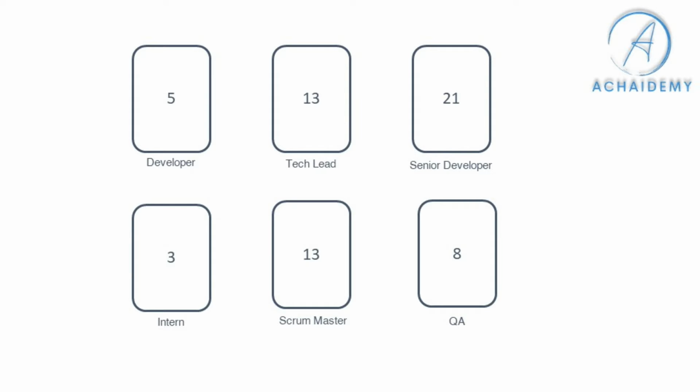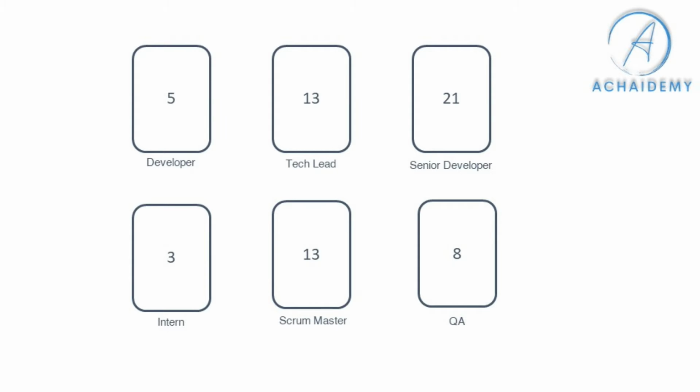When something like this is displayed, the extreme estimates are given a chance to explain why, for instance why a senior developer thinks it is so complex that he has to give a 21.